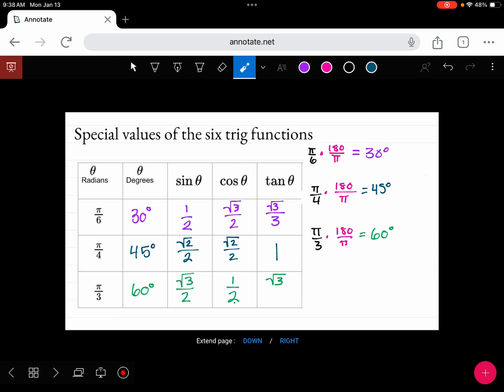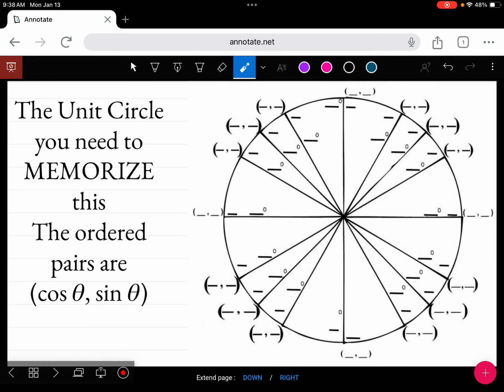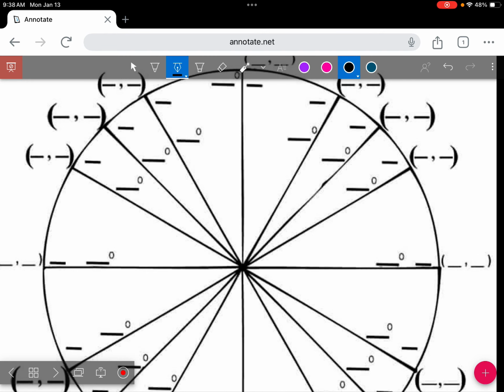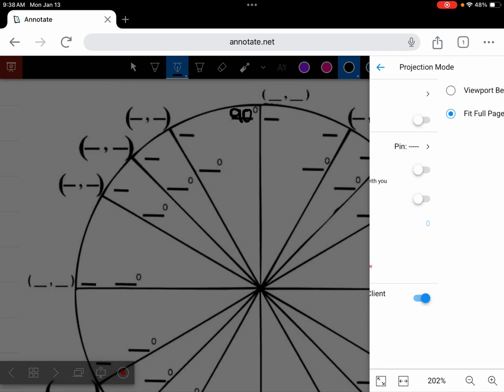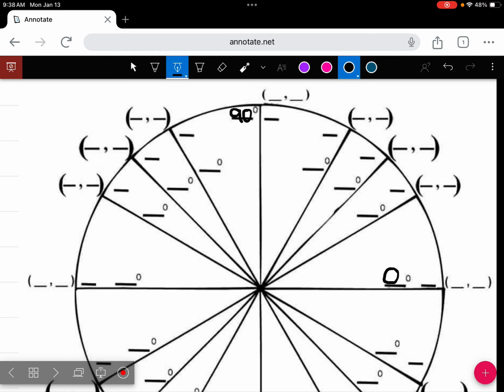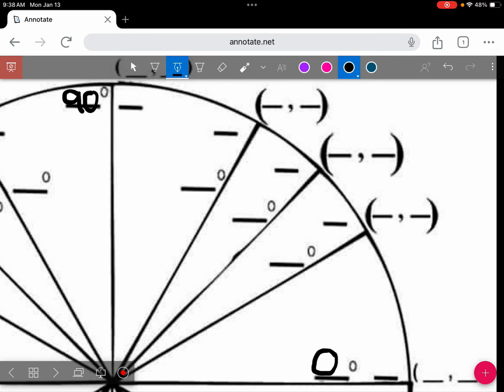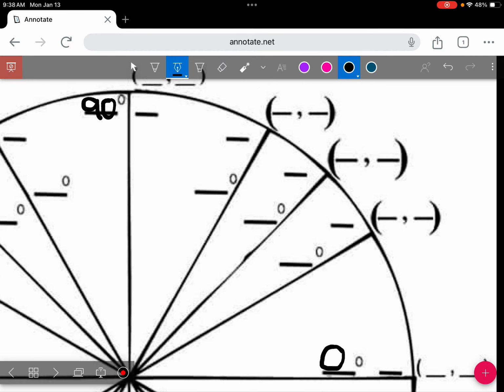circle. So on our unit circle, when we're thinking about this, if we think back to the one we started filling in last week where we had our degrees, where we had our 0 and our 90. And in fact, I'm going to zoom in so we can just see our first quadrant because I want us to just look at the first quadrant.